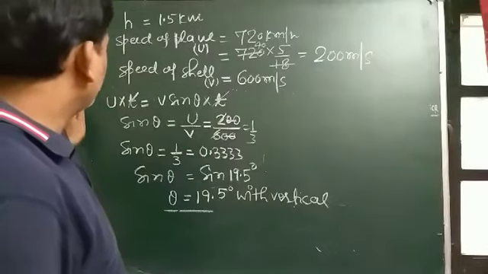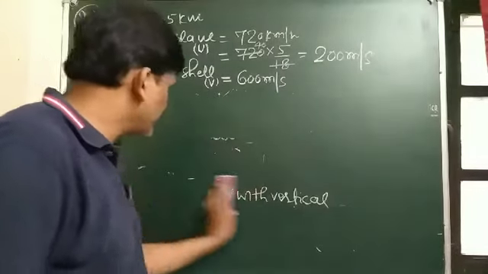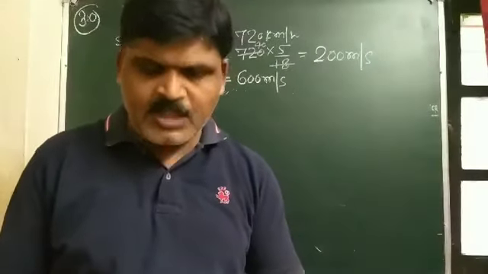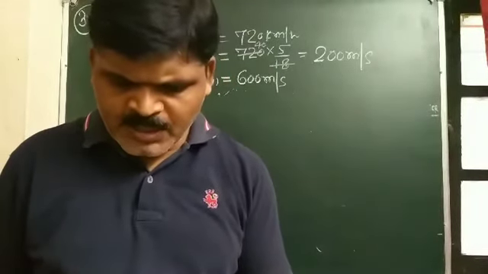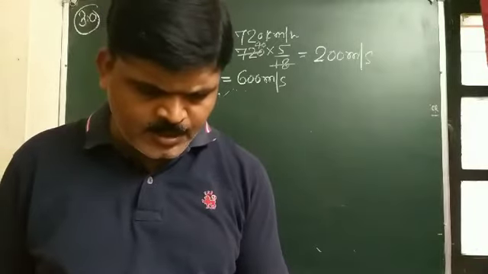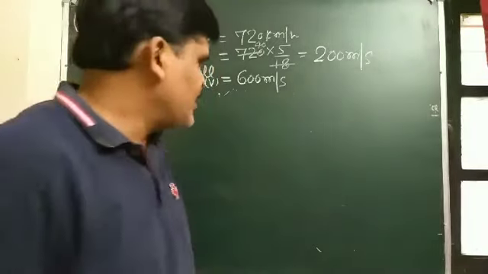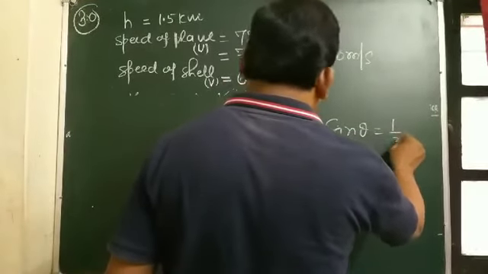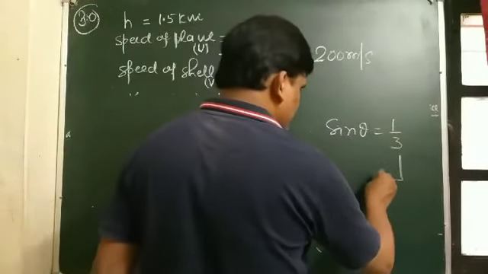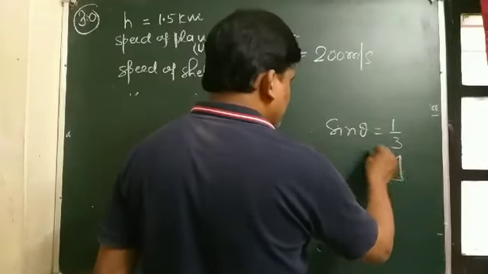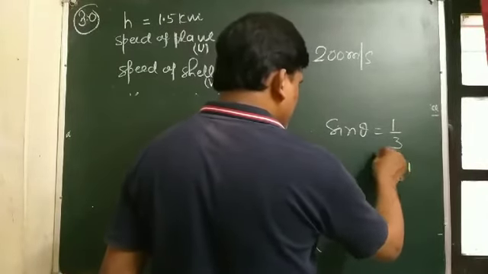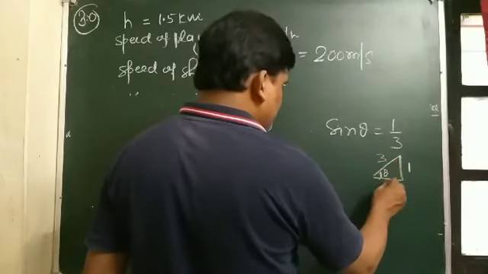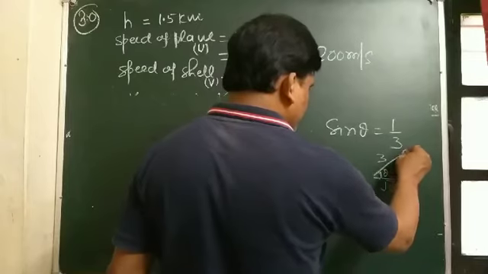And the next part is, at what minimum altitude should the pilot fly the plane to avoid being hit? Sin theta is 1 by 3. If you use this triangle, with perpendicular, hypotenuse, the base comes out to be √8, you know that, Pythagoras.